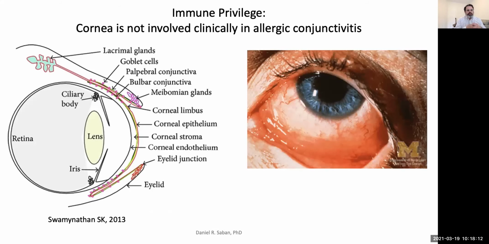So the cornea is really interesting in this sense because it's clinically evident that immune privilege exists. Just to give you a background of the anatomy of the eye, so that you can see it in the context of the cornea. You have the ocular surface here, okay?